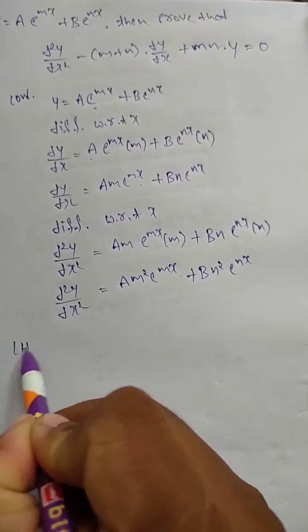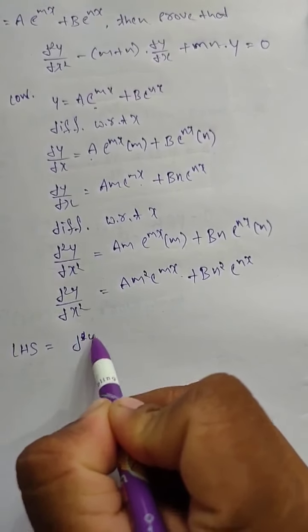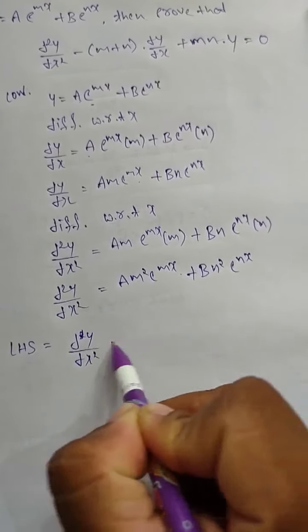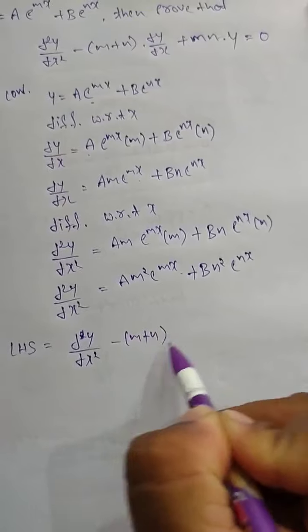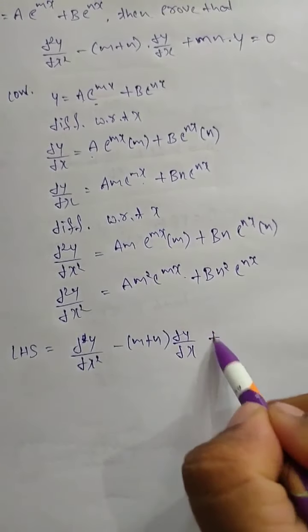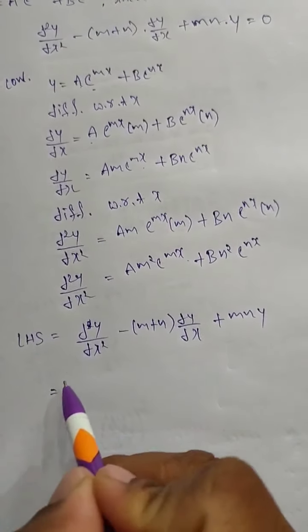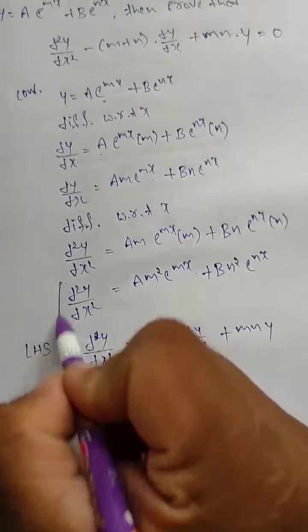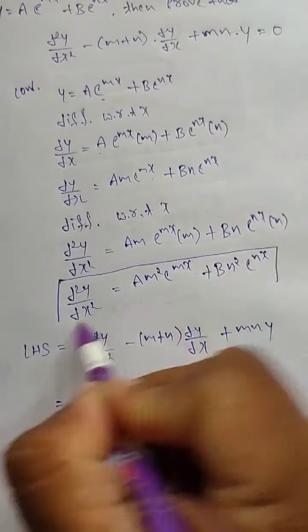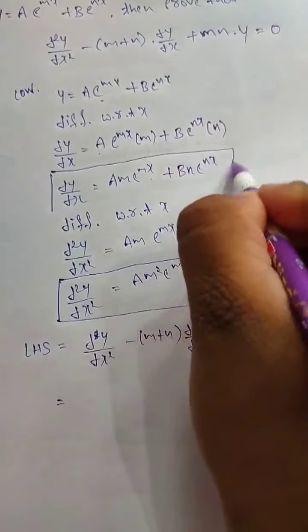So what is the left hand side here? Left hand side is equal to d square y by dx square minus (m plus n) into dy by dx plus mny. Here we have d square y by dx square, here we have dy by dx, here we have y.